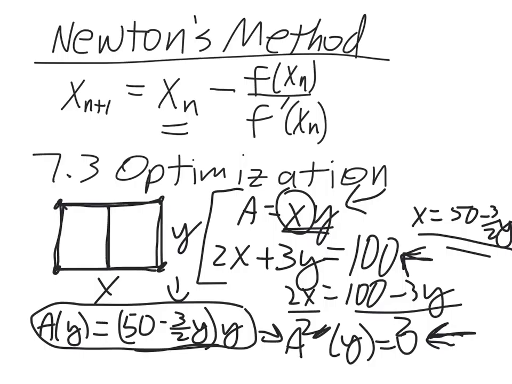Other questions on that part? So a problem like that, they're asking for the dimensions of X and Y? A problem like this may ask for what are the dimensions. So the answer would be both the X and the Y in terms of feet. Don't forget your units on there. Or it may say what is the largest area that could be enclosed by this.